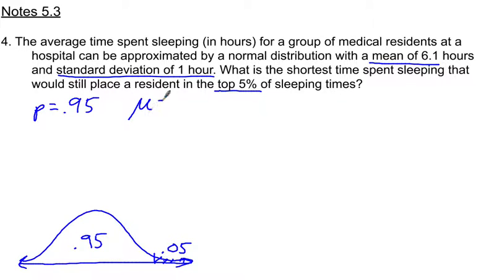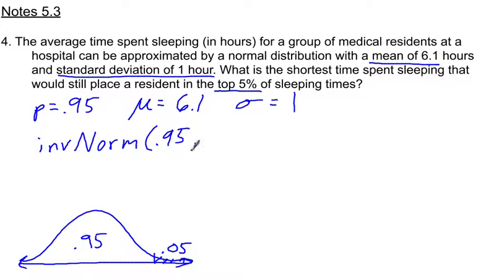So our mean is 6.1, and our standard deviation is 1. So we can use the inverse normal function with p-value of 0.95, mean of 6.1, and a standard deviation of 1.